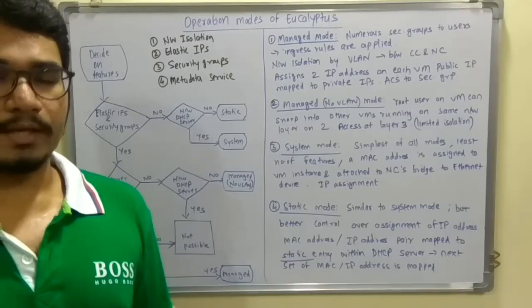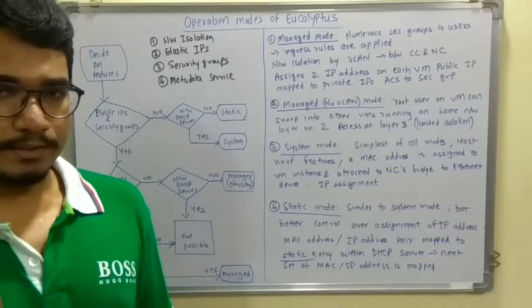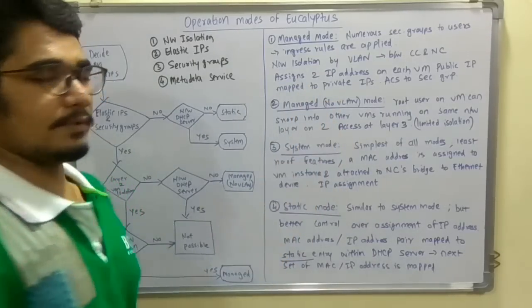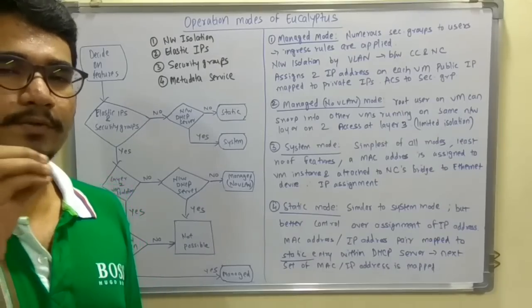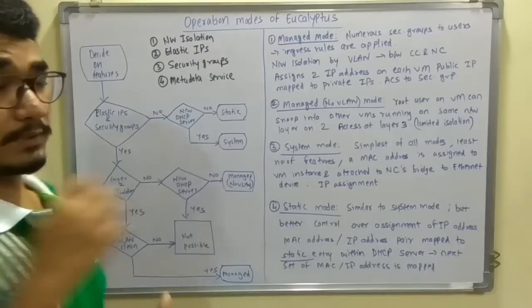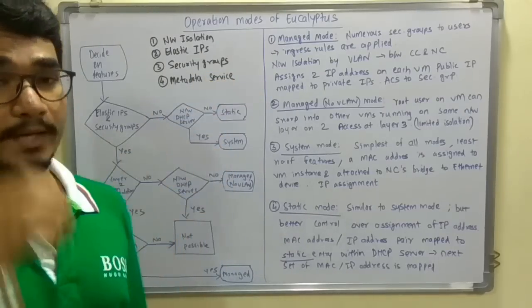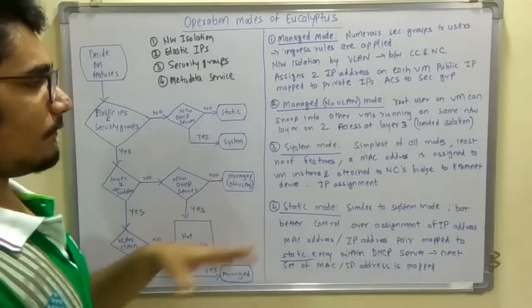You can have access at layer 3, but it will have a limited amount of isolation, not as much as the managed mode has. So that's all about the managed no VLAN mode.